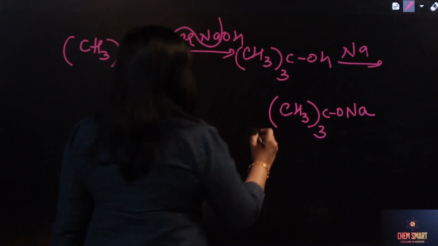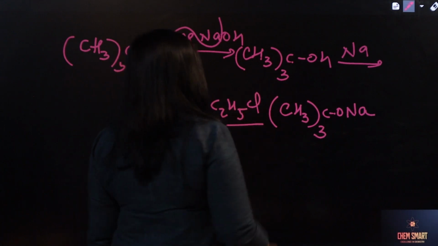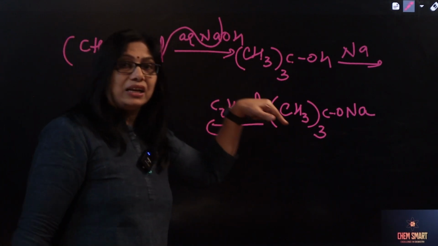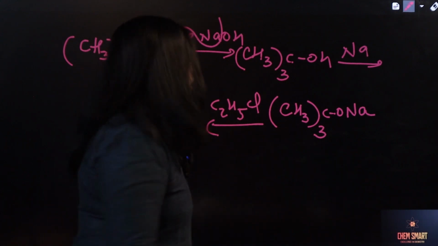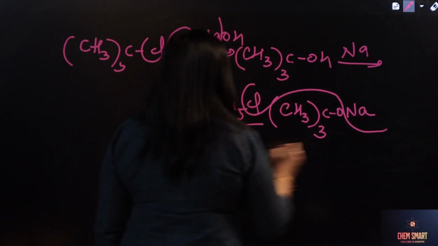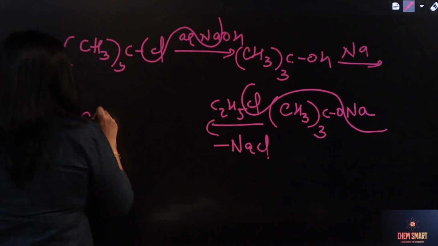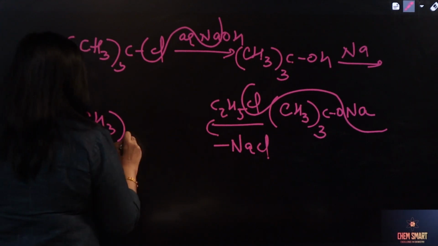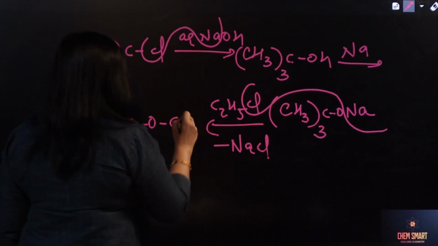Now, simple. Make it react with a primary alkyl halide. Here I want an ethyl group to be introduced, so I can use ethyl chloride, bromide, or iodide. That's your wish. Then it will undergo substitution. NaCl will get removed, and you will get (CH3)3C-OC2H5.